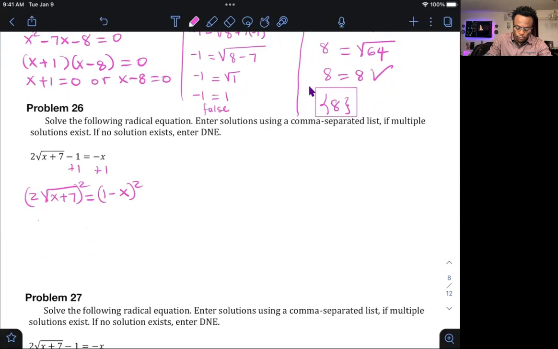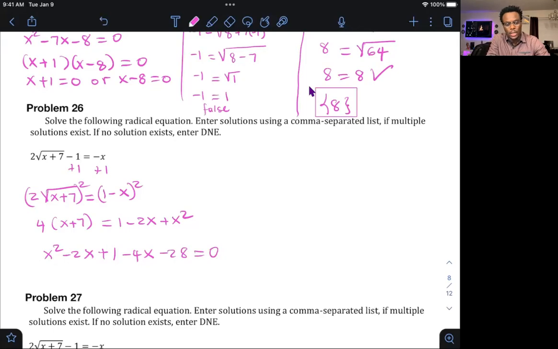So that is 4 times (x + 7) equals 1 minus 2x plus x squared. And then now we can distribute and move everything to the same side. So that's x squared minus 2x plus 1 minus 4x minus 28 equals 0.